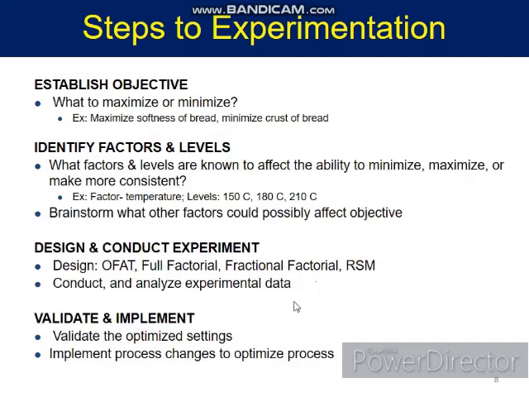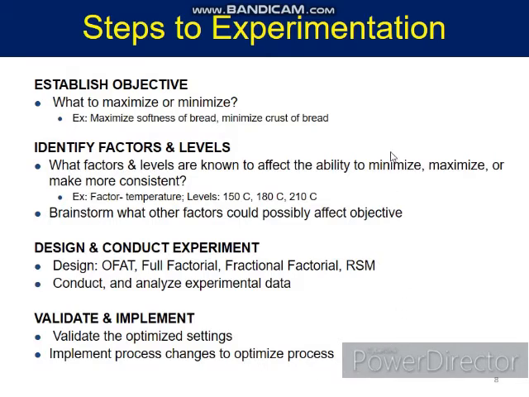So what you do is run validations and compare your result with the predicted value based on your analysis. Once it is validated, you can implement the process change to optimize your process.